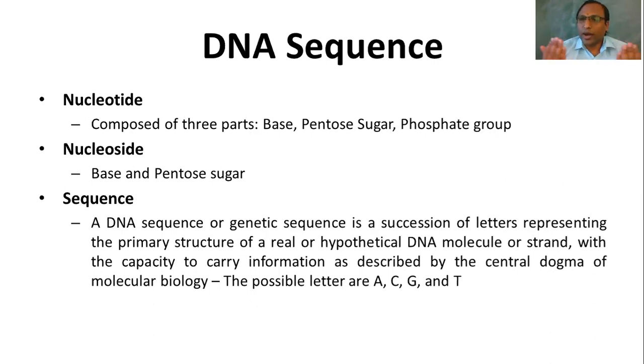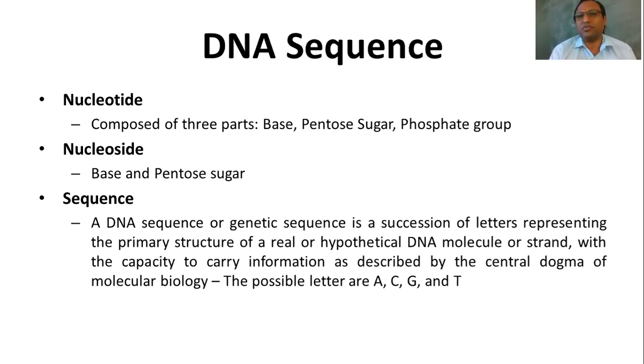And when they are joined by hydrogen bonds, the double bond or triple bond, between adenine and thymine and between guanine and cytosine, they form the DNA structure. When this becomes elongated, it forms the sequence.